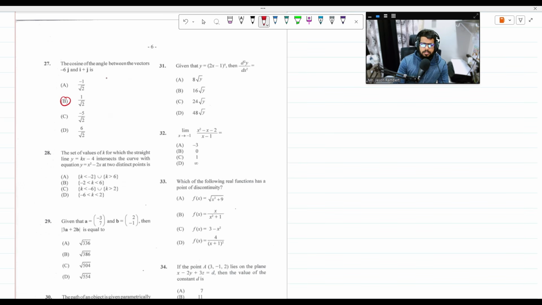Because A dotted with B, we will get 0 minus 6 dotted with 1, 1, which is minus 6, is equal to root 36, which is 6, multiplied by root 2 cosine theta. So minus 6 divided by 6 root 2 will be minus 1 over root 2. So I was wrong. The answer for number 27 is A.